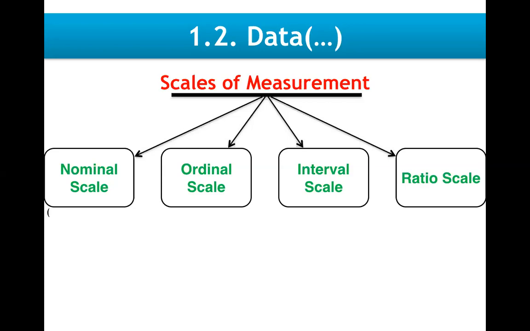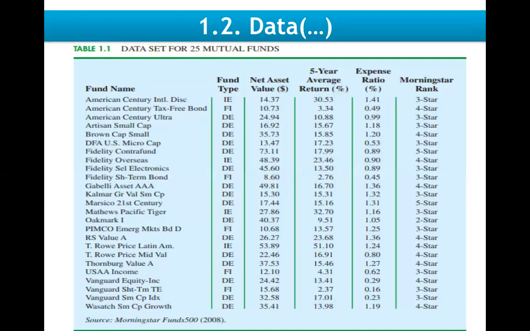Just remember. For example, referring to the data on the same Table 1.1, we see that the scale of measurement for the fund type variable is nominal because we've got 3 categories: IE, which stands for international equity, FI, fixed income, and finally DE, domestic equity.